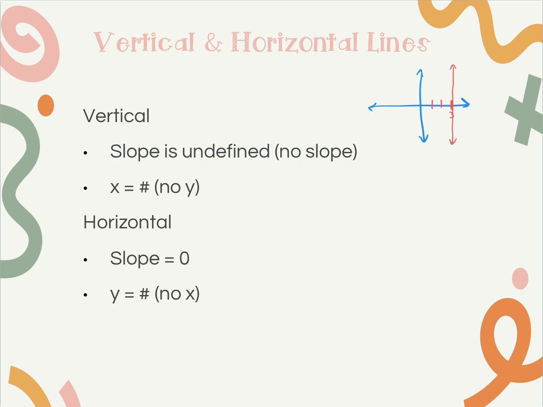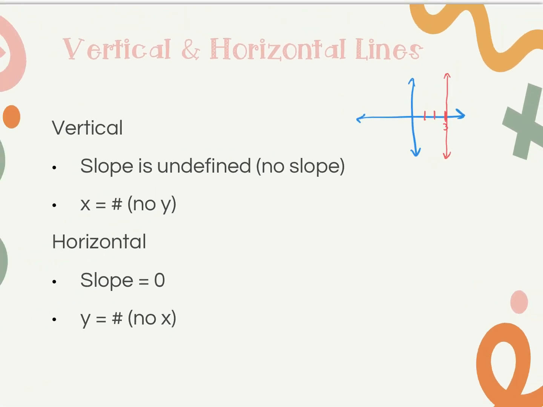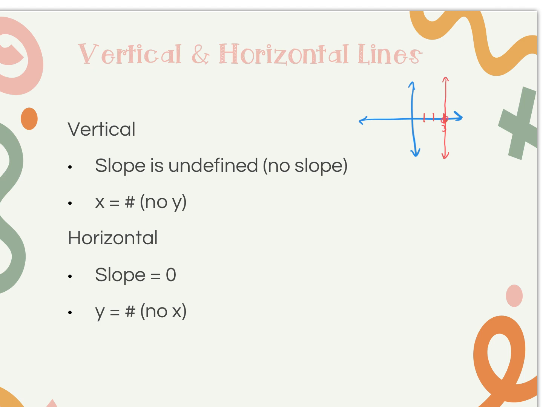If I pick some numbers on this graph, I know this point right here is (3, 0). This point here, let's say, is (3, 2). Let's try this. If I go down here to, let's say, -4, that would be here. So this would be (3, -4).